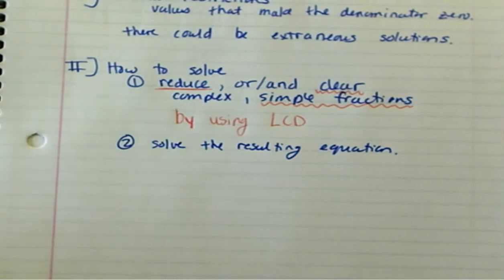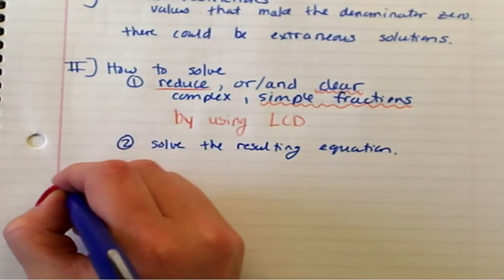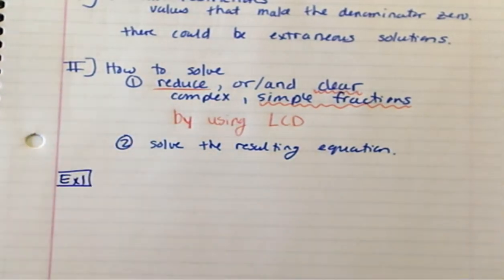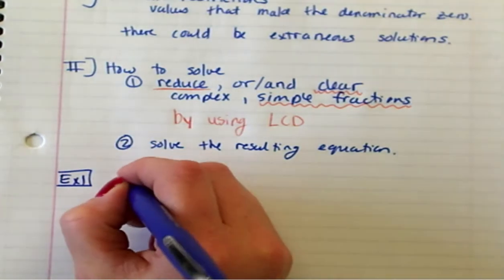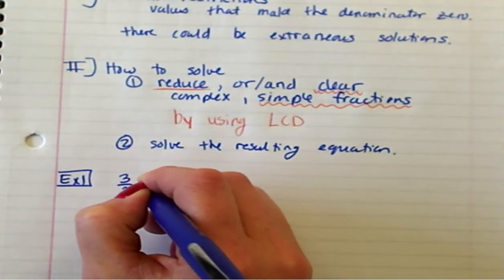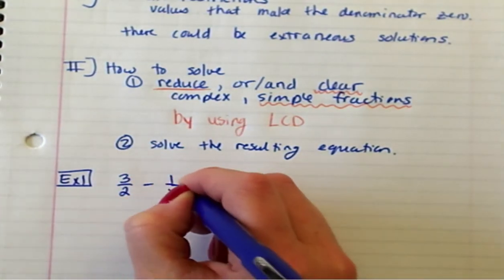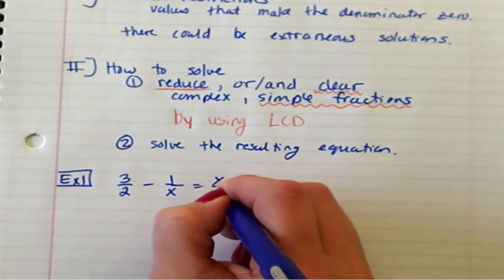This first one's almost too easy. Okay, so let's do this one. Example 1: 3/2 minus 1 over x equals x over 2.